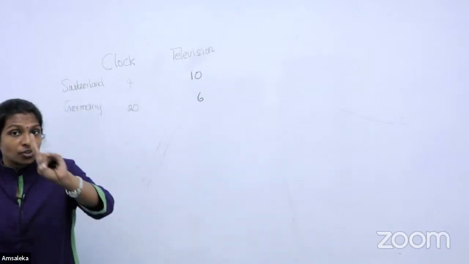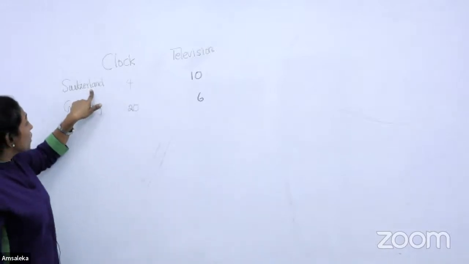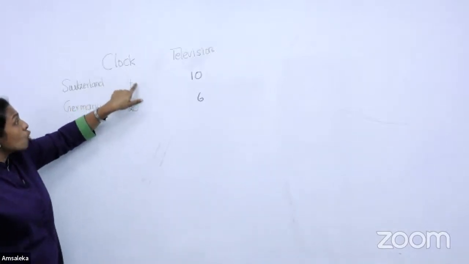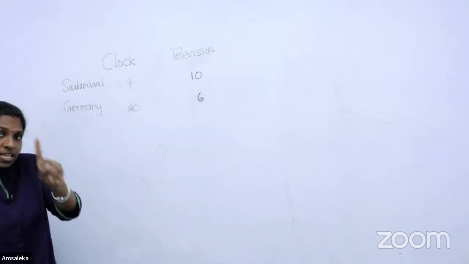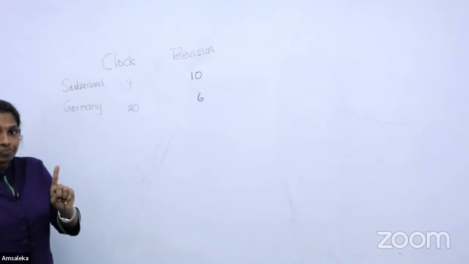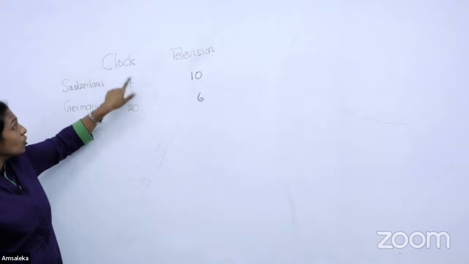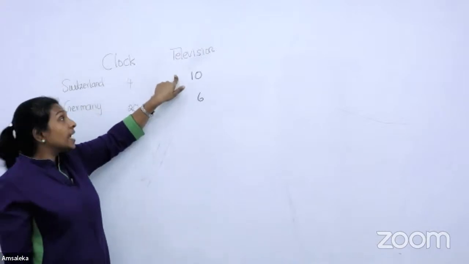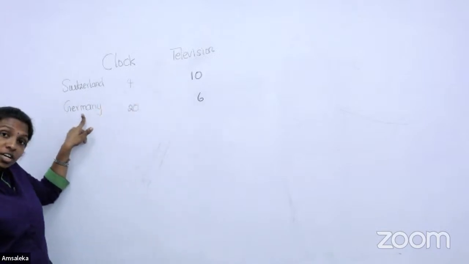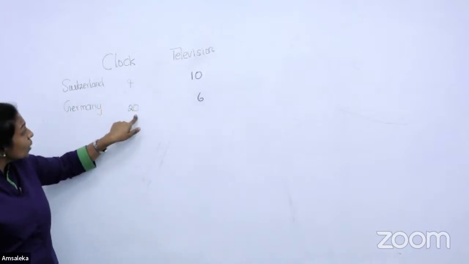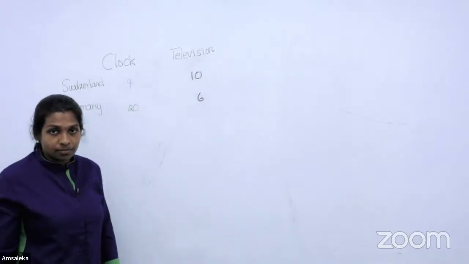So by using 1 unit of labor, Switzerland can produce 4 units of clock or 10 units of television. Likewise, Germany can produce 20 units of clock or 6 units of television.